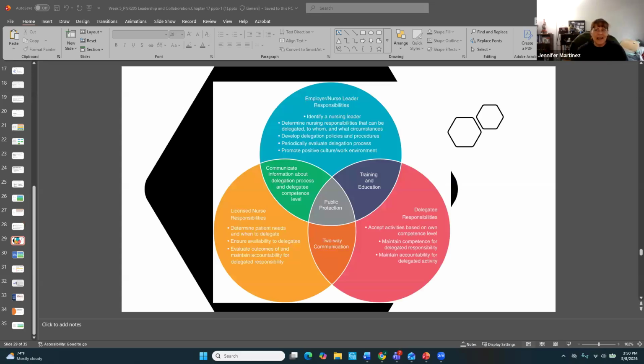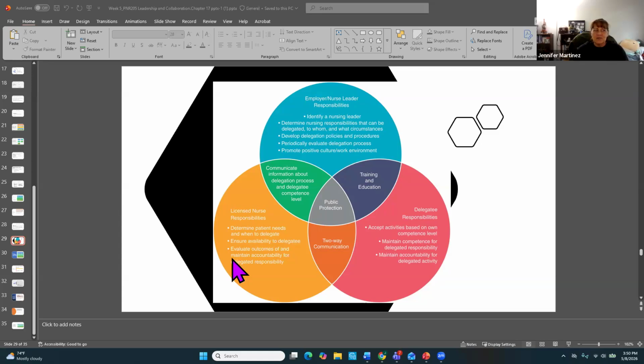Look at this visual. A lot of people like visuals, and this gives you an idea of how everything comes together. There's an overlapping process. Employer and nurse leader responsibilities: determine nursing responsibilities that can be delegated, to whom, and under what circumstances; develop delegation policies and procedures; and evaluate the process to promote a positive culture and work environment.